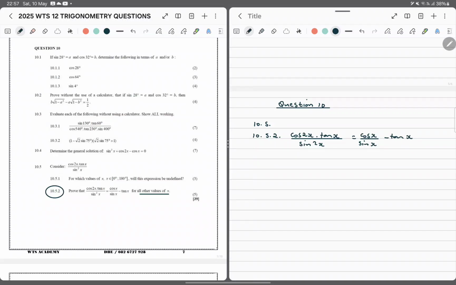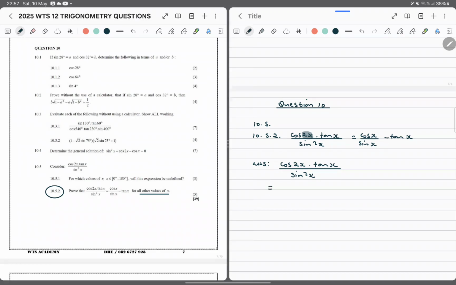Now let's look at this thing. Left hand side, this is cos 2x times tan x all over sine squared x. The reason I'm choosing this is because of the double angle. Okay, great. So we can see that we still have cos and sine, and then we've got tan. So what is the issue here? It is very easy.